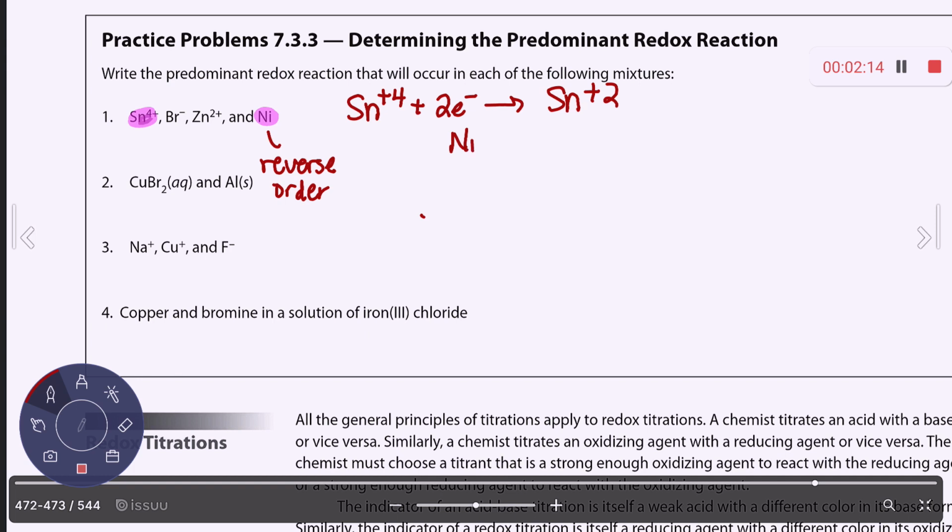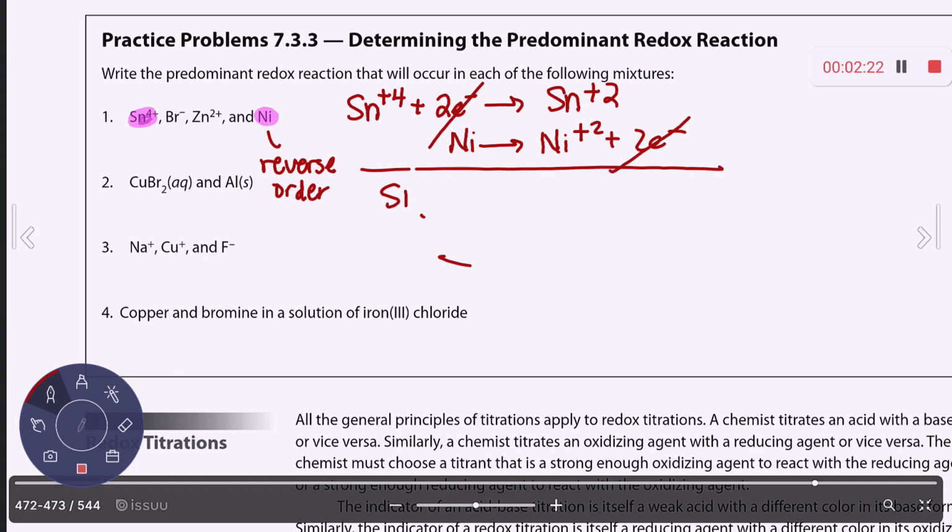So this is going to be Ni going to Ni+2 plus 2 electrons. And when you add these together, the electrons cancel, and what you have left is the predominant redox reaction. Piece of cake? Awesome.